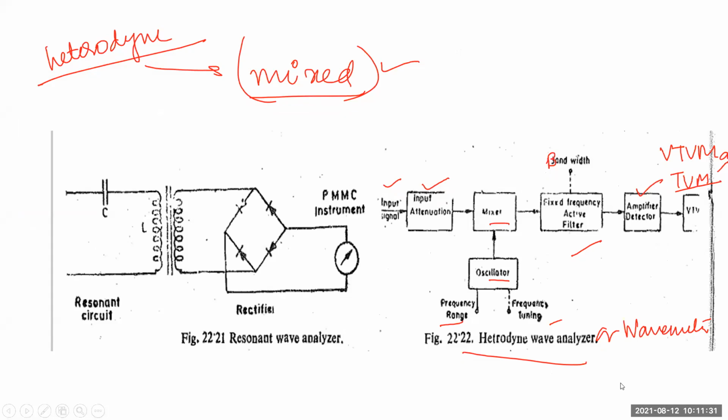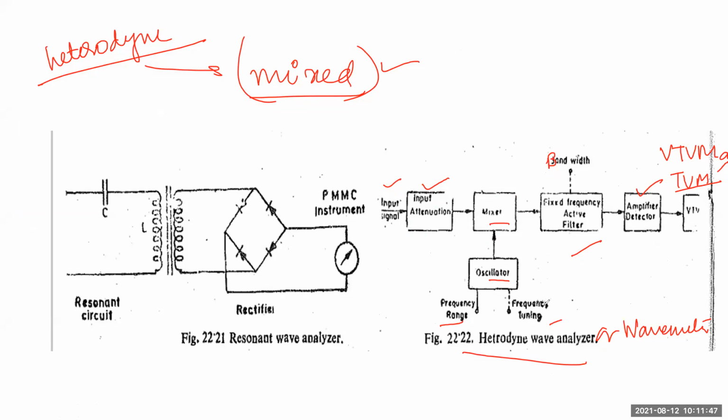So I was discussing that it is a TVM or VTM. Let me discuss the working of this heterodyne wave analyzer. The output of the variable frequency oscillator is heterodyned or mixed successively with each harmonic of the input signal.